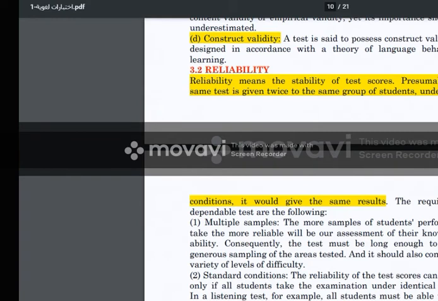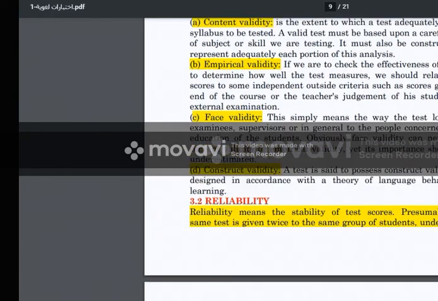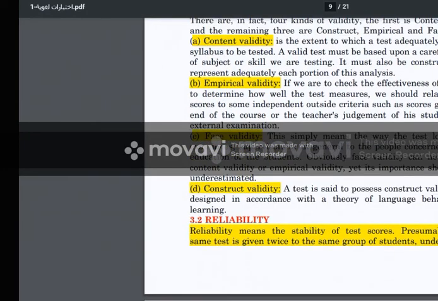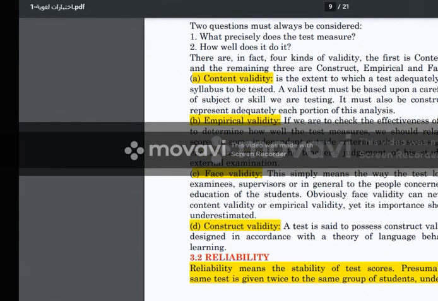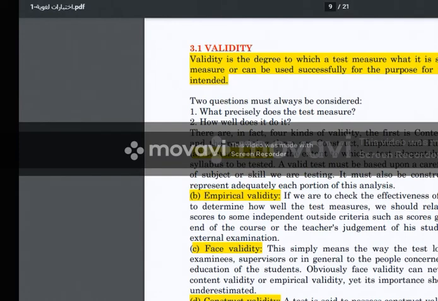So in order to be valid, the test that aims to test grammar should include items about grammar only and not something else. When I test students' vocabulary knowledge, the test should include items that measure vocabulary knowledge and not something else. Okay?